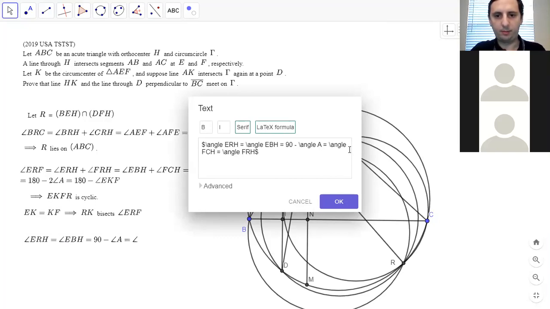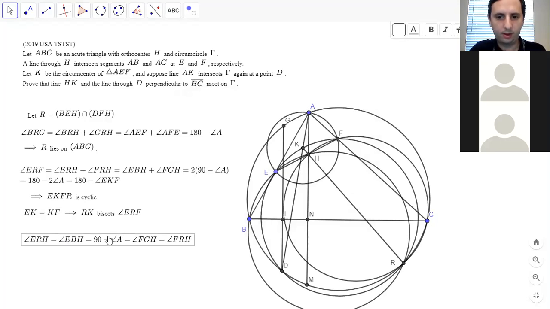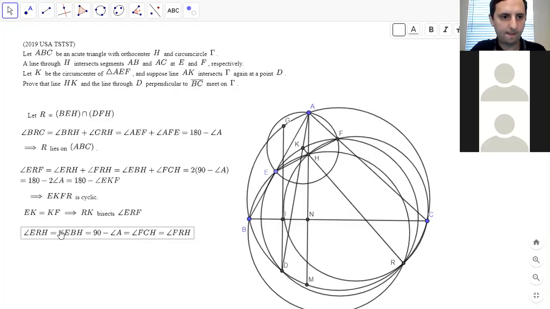And so that means that K, R, and H are collinear.